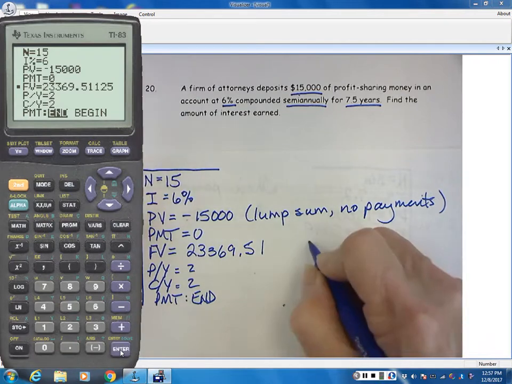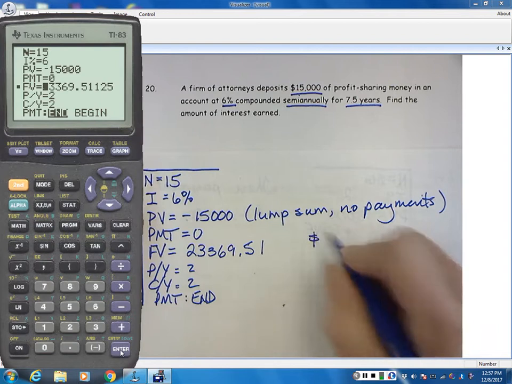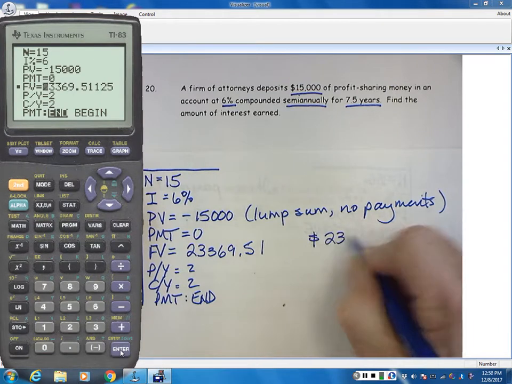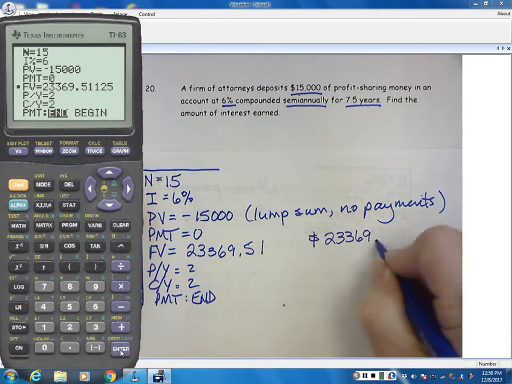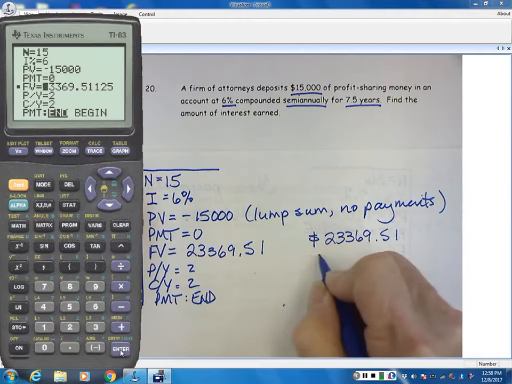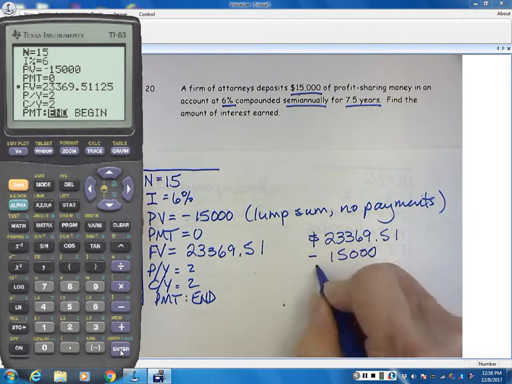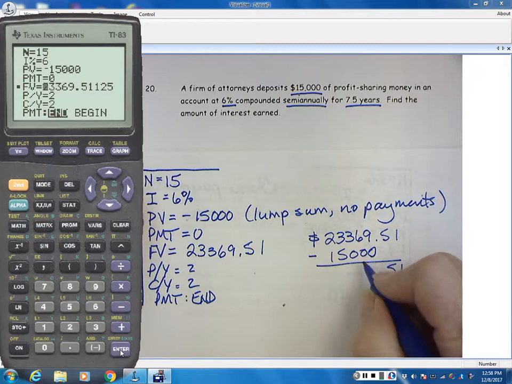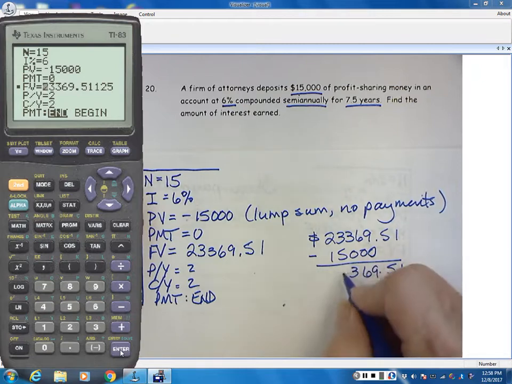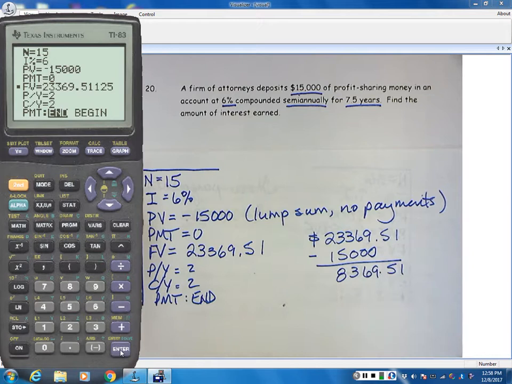Well, the amount of interest that was earned was the future value, which is 23,369.51, minus the amount they actually deposited, which was 15,000. So the amount of interest is going to be $8,369.51.